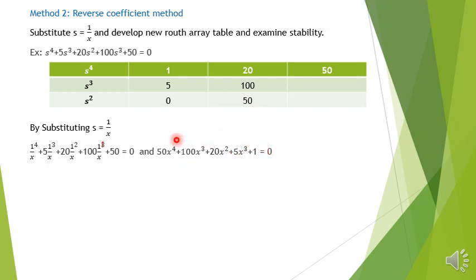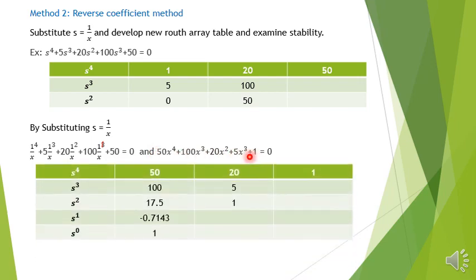Now write the table for this. S to the power 4: 50, 20, 1; S cube: 100, 5. If I complete this, 100 into 20, 2000 minus 250, 1750 divided by 100 is 17.5. 100 into 1 minus 0 divided by 100, so it is 1.